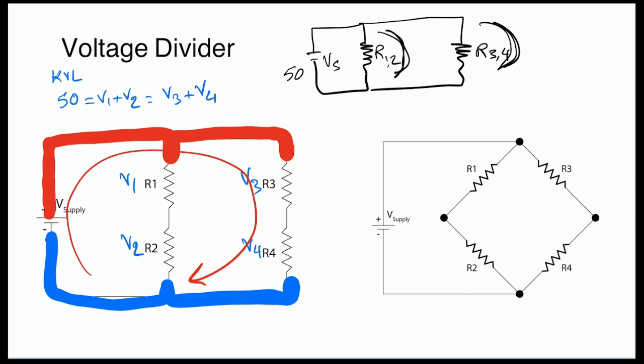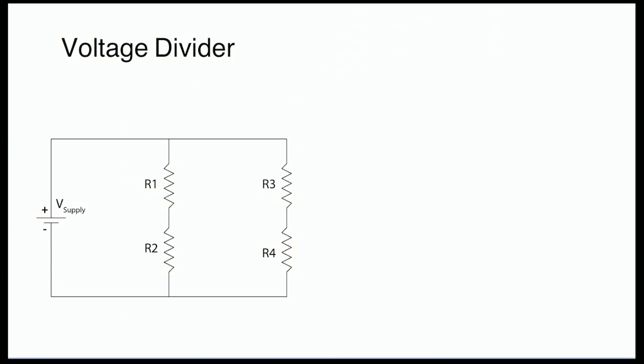All right, so what we need is to apply the voltage divider either on V1 and V2 or 3 and 4. We're going to work on one at a time. All right, so let's have a look at the voltage drop in V1 and V2. Obviously, I'm going to repeat the same formula.